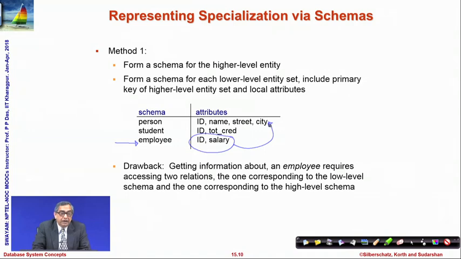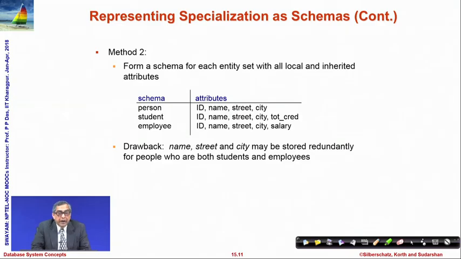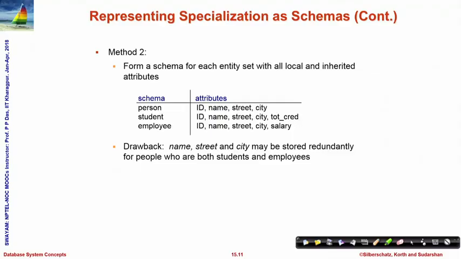And if you have a multi-level hierarchy, as we have shown, this could involve accessing multiple relations to find information about a single entity in an entity set. So, in terms of data representation, this is an optimized representation, but it has the overhead of having to access multiple entity sets to get information about certain entities.